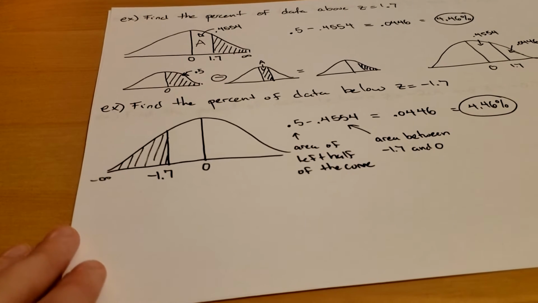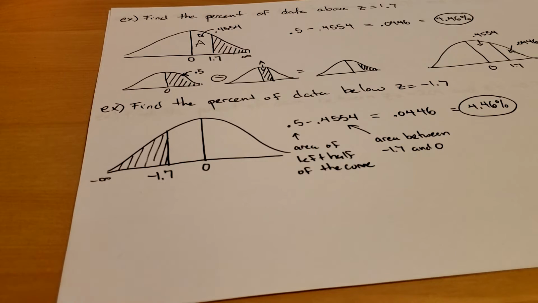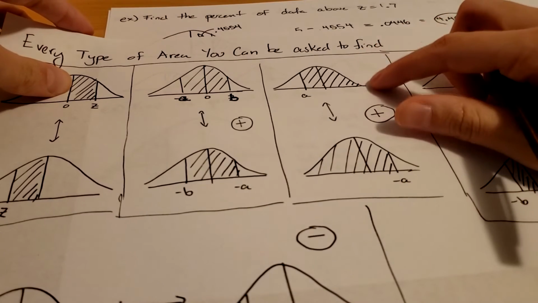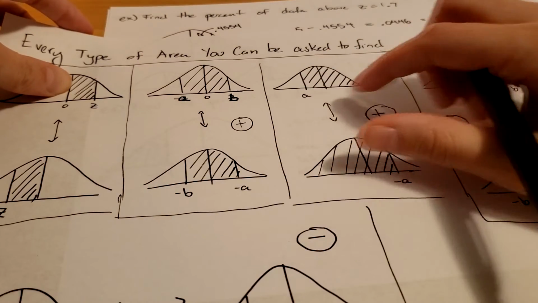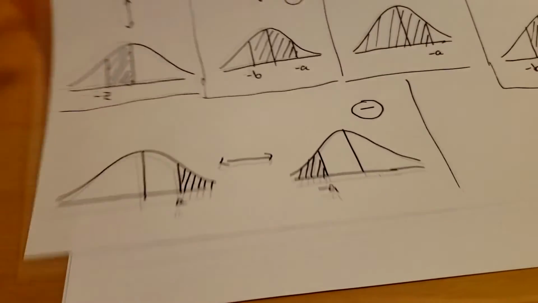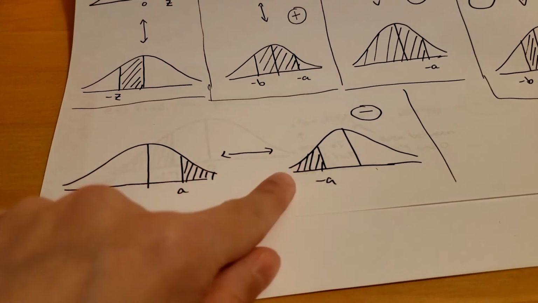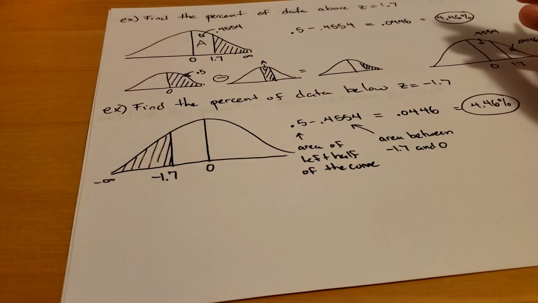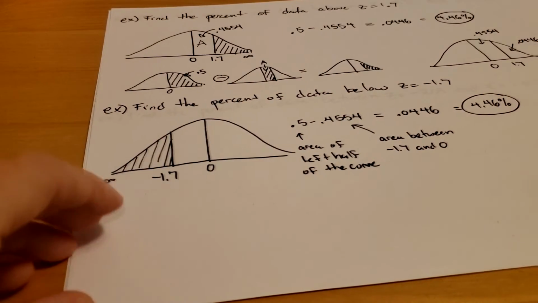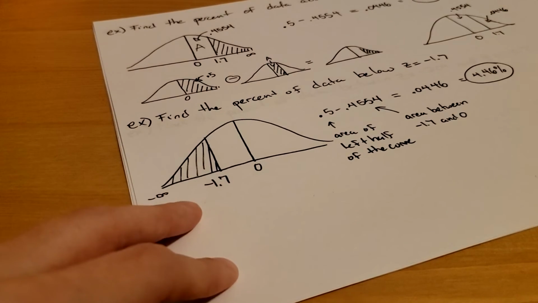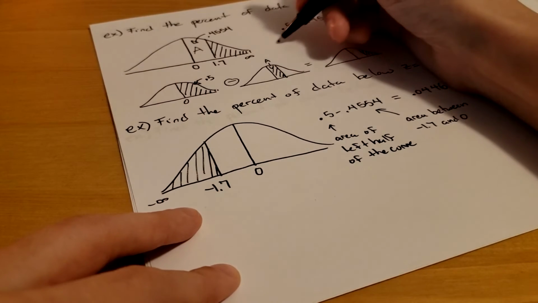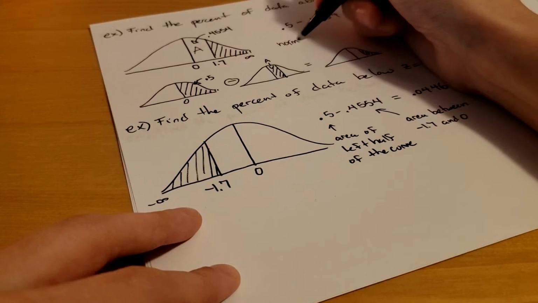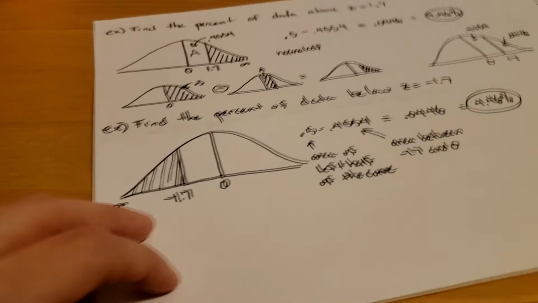Now, in order to do this on the calculator, it's similar to how we did this type of problem before, where we had to approximate positive infinity or negative infinity when entering the numbers. Because we're going off towards one end or the other, we again have to approximate plus and minus infinity. So if we were to put this in the calculator, we'd go to normal CDF.